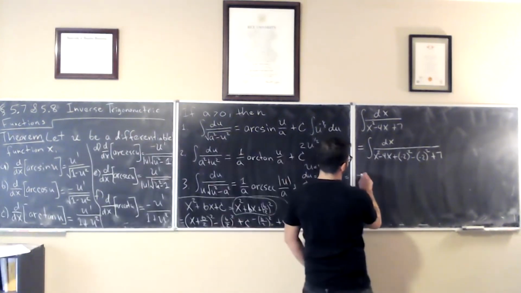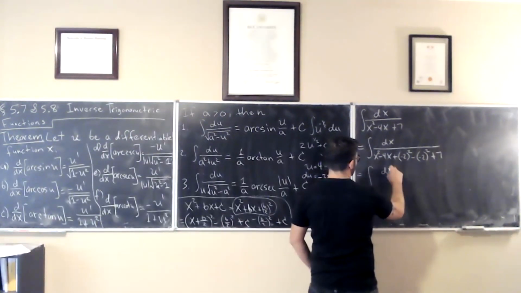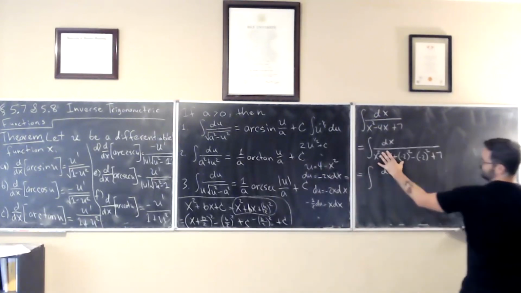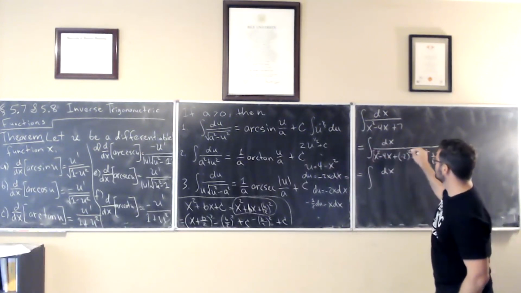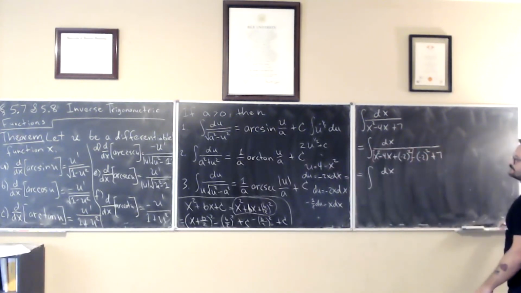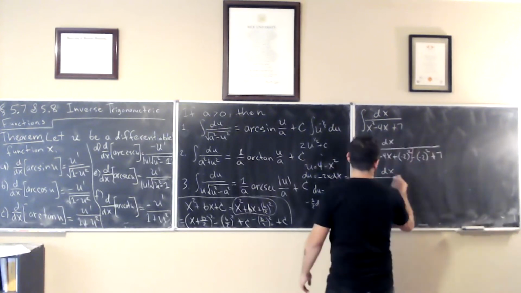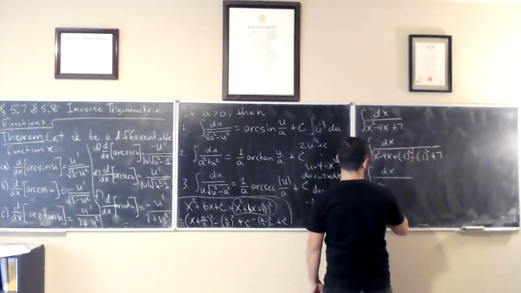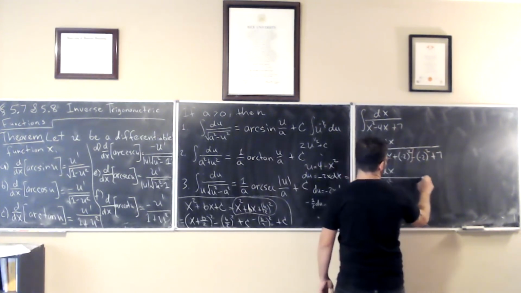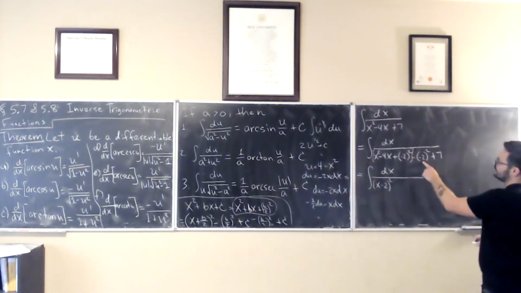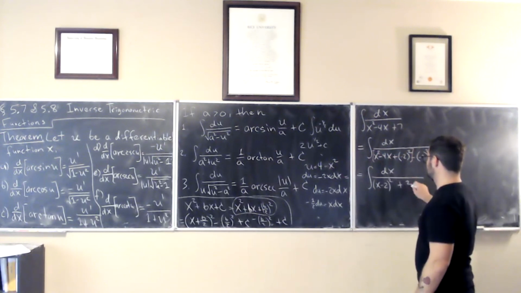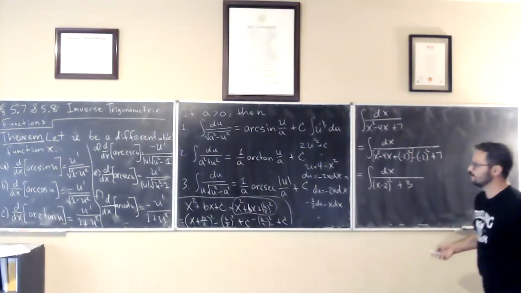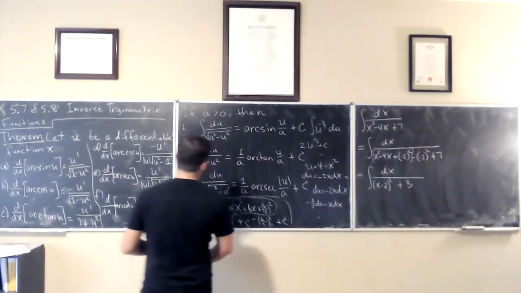This is the key part right here. That's going to factor into x minus 2 squared. And then this becomes 4, but it's a -4 and a 7, so this would be plus 3. Okay, now it's looking better.